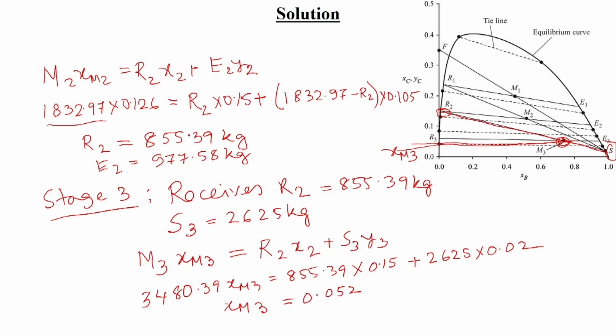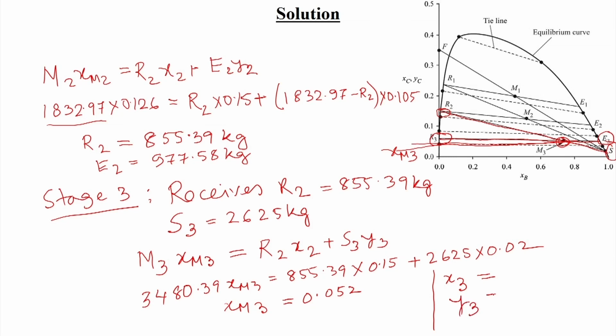This mixture M3 will be divided into two parts, R3 and E3. Reading from R3 and E3, we will get x3 and y3.